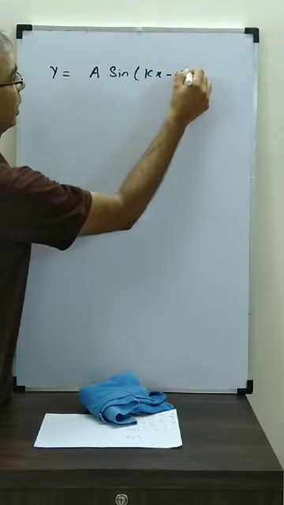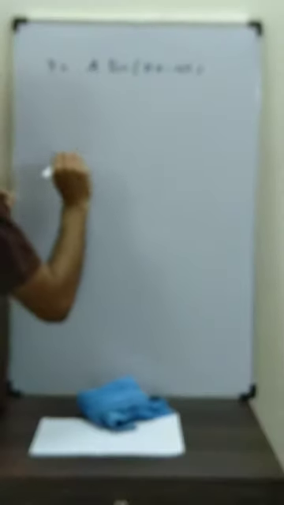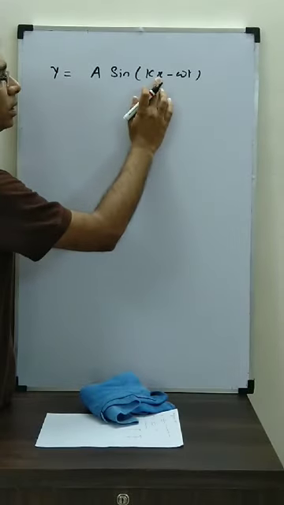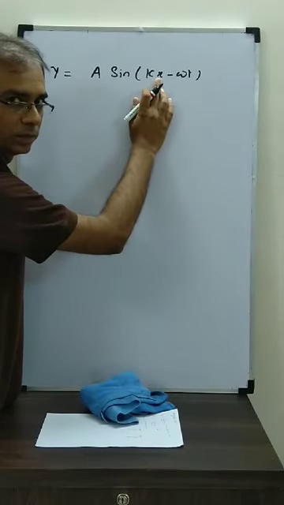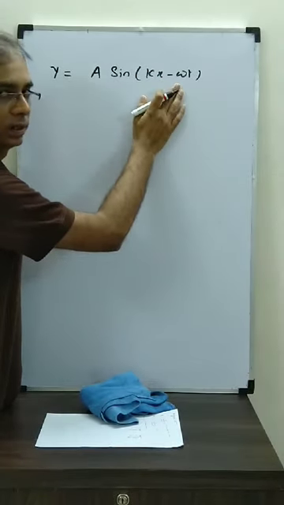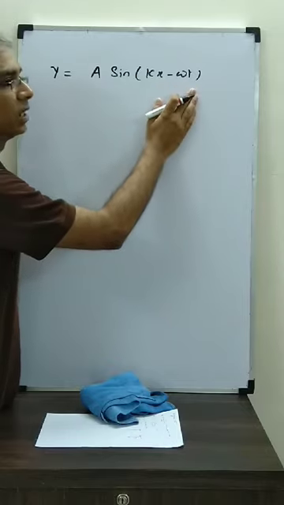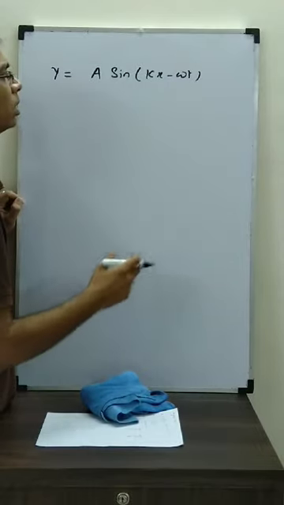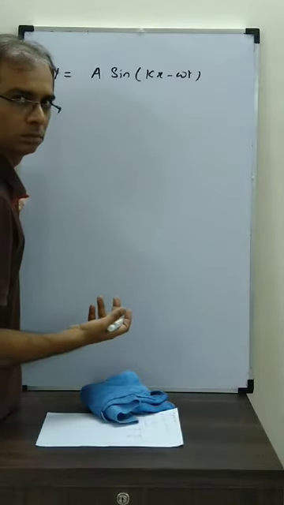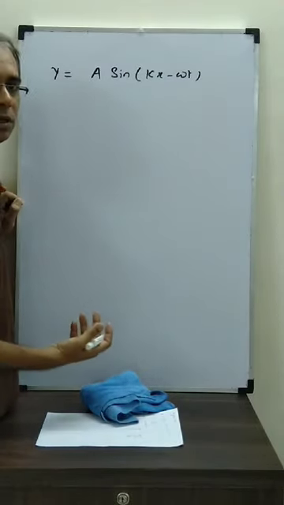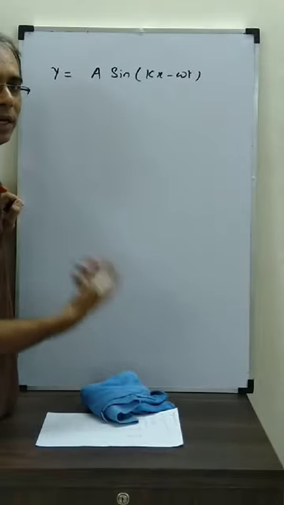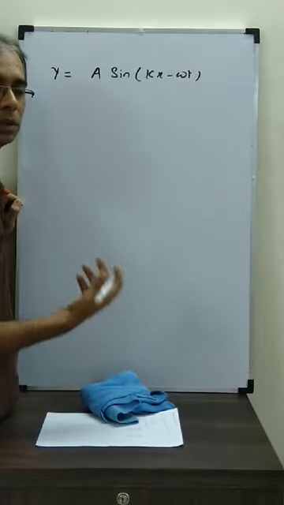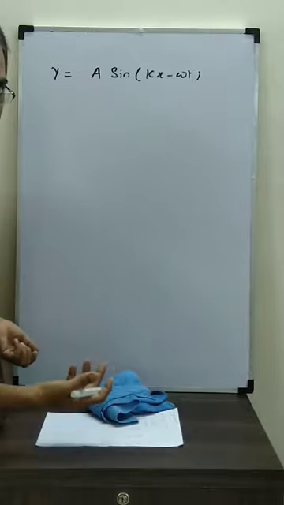Suppose our normal form, like a sine of kx minus omega t. Now whatever value of x I am keeping, right from 0 to infinity, it is well defined. Sine infinity also has a value. Sine infinity basically means what? A very large value of angle. So you can say sine of 10,000 degrees, 20,000 degrees, 2 lakh degrees, 2.1 lakh degrees, 2 crore degrees.